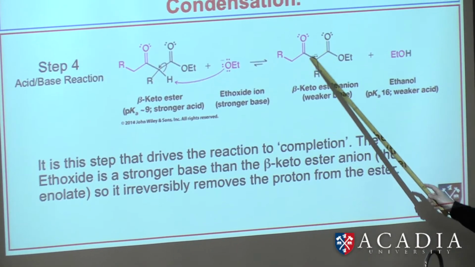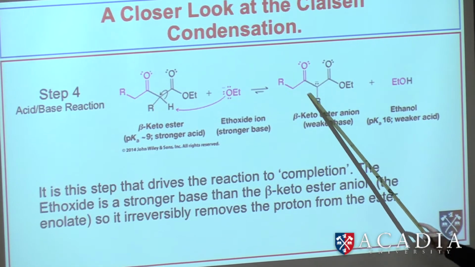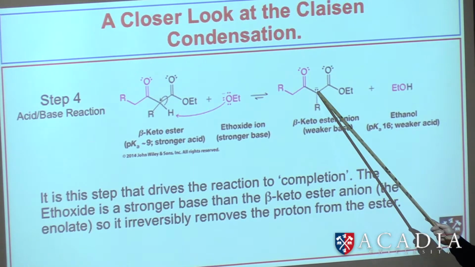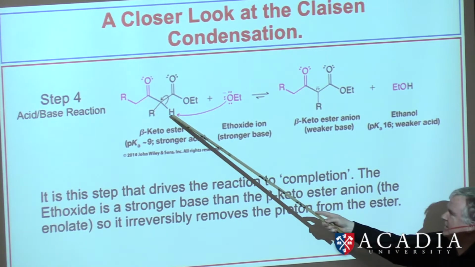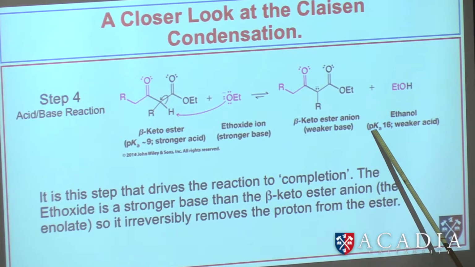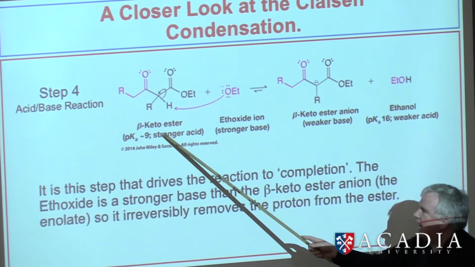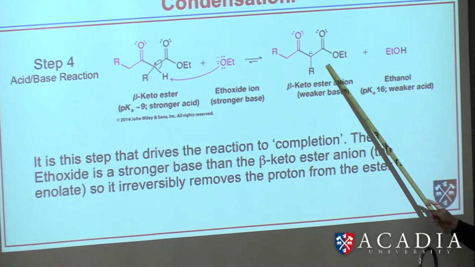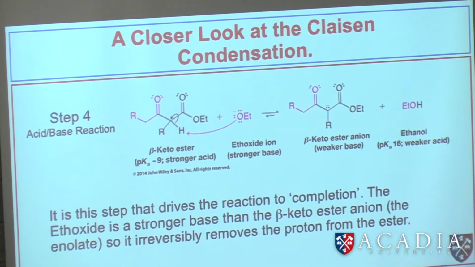What drives this reaction to completion is this very favorable equilibrium to leave this anion. The pKa of this proton is much lower than the pKa of this proton. So this is a very, very weak acid, and this is a stronger acid. This equilibrium lies here. So our reaction will go and sit there until we quench it.